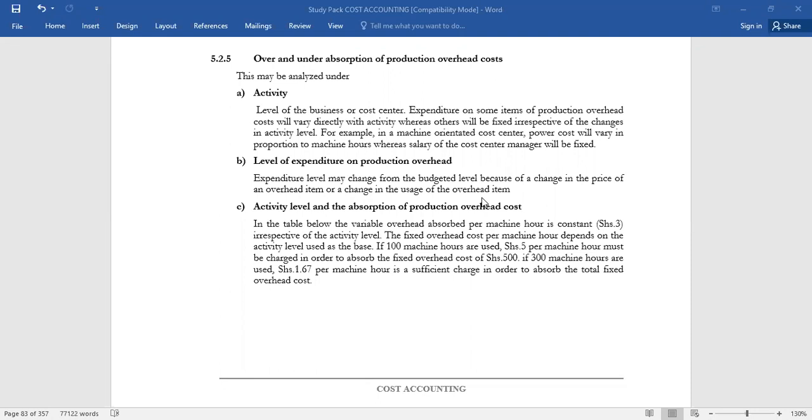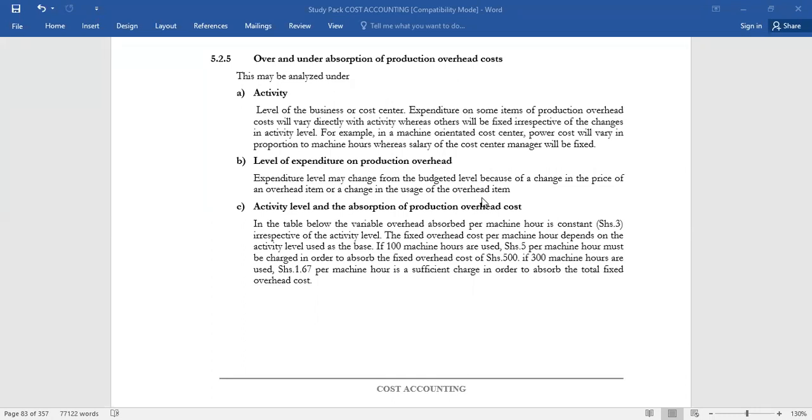At times the machine will break down, and instead of retaining employees at the workplace, you just tell them to take unpaid leave. That will result in an under absorption. Therefore, the level of expenditure on the production overhead dictates what amount of overheads we are going to either over or under absorb.